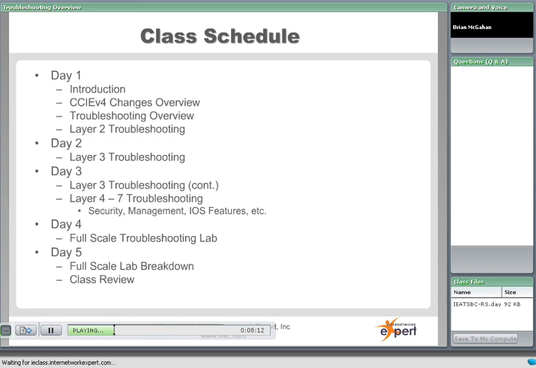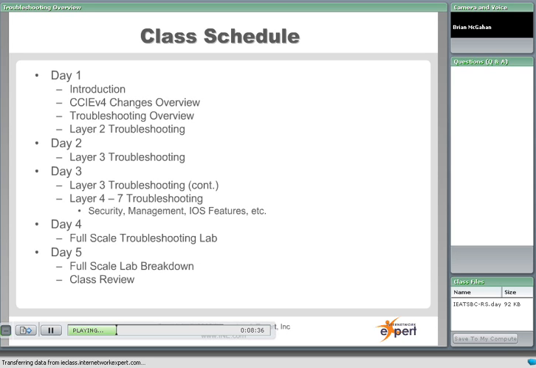Now, the basic agenda throughout the week, as I mentioned, is going to be mainly focused on troubleshooting, and we're going to break this down into two major sections. The first section, which is going to be today, tomorrow, and Wednesday, is going to go through the individual technologies that are within the scope of the blueprint of the CCI lab exam.